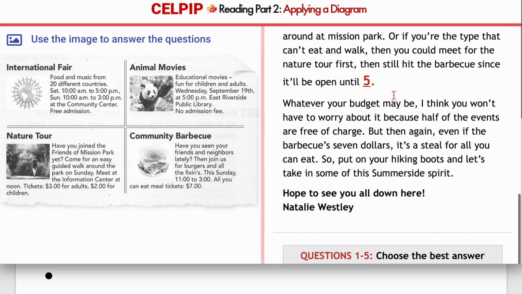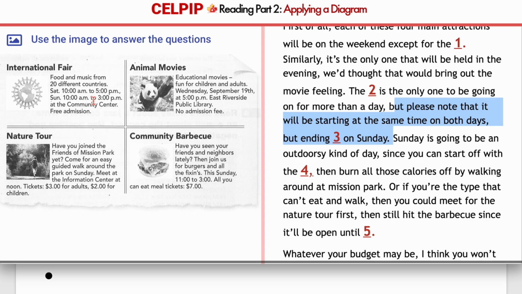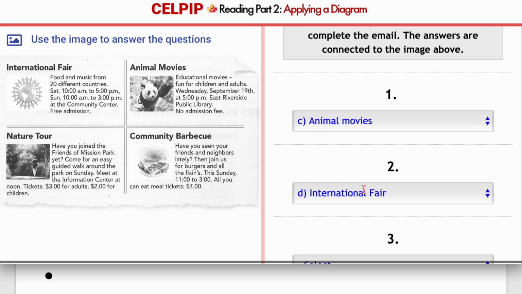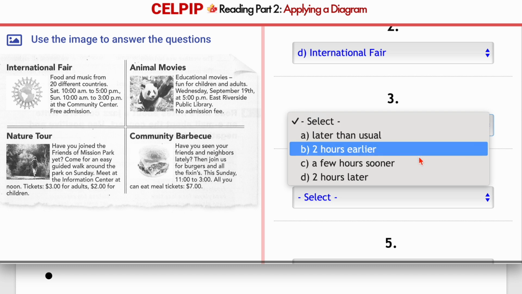So again, the question said, but please note it will be starting at the same time on both days, 10 o'clock, but ending something on Sunday. 3. What's the correct answer? B, right? 2 hours earlier.